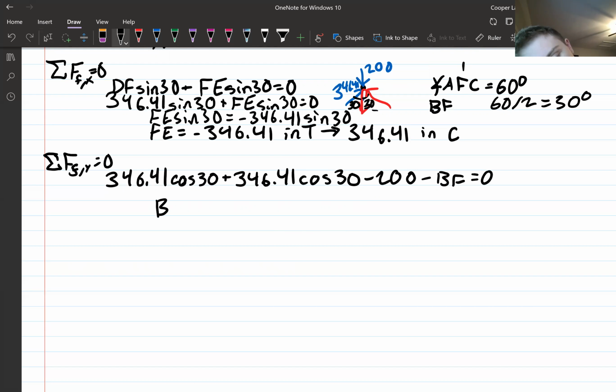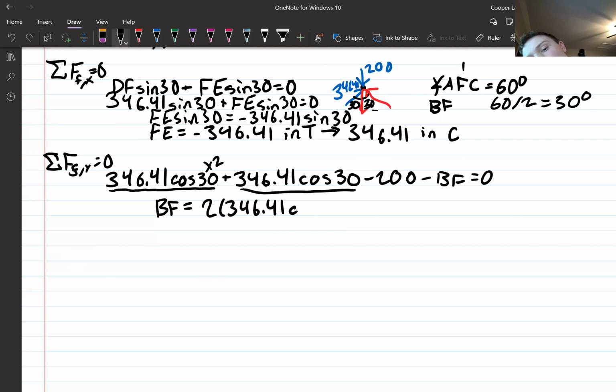So BF equals 300, and I'm also going to do this because if you look here, these two values are the same. So it's the same thing as saying just one of these times 2. So I'm just going to do that as well, just to make it a little more condensed. 346.41 cosine 30. And this would be minus 200.